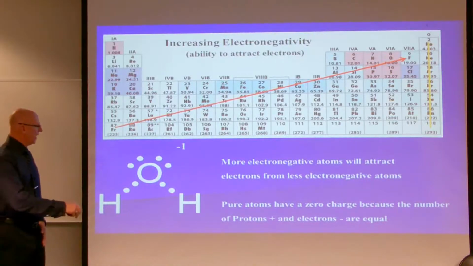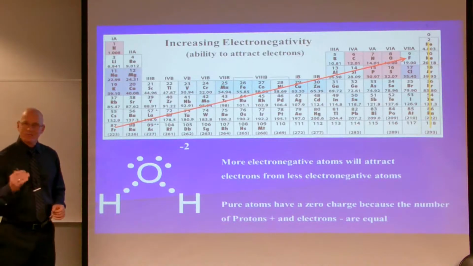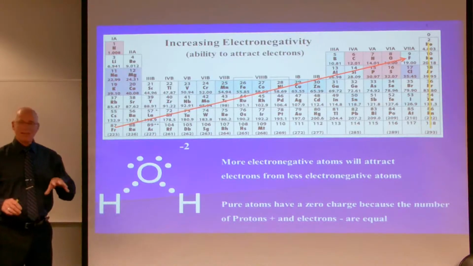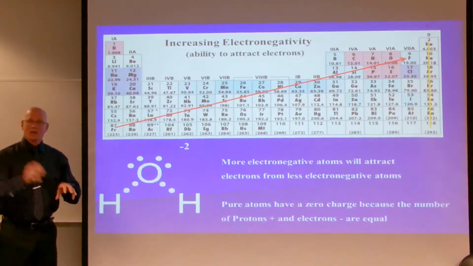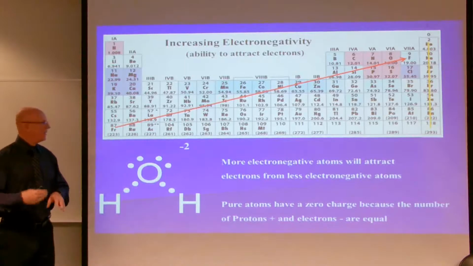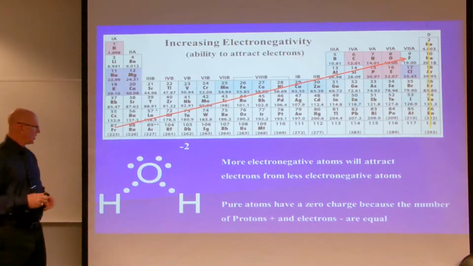And when it dominates this other hydrogen over here, it will have 2 electrons that have negative charges. Now, oxygen originally had a 0 charge, but with 1 electron and another electron, each being negative, that will have a -2 or a 2- charge.